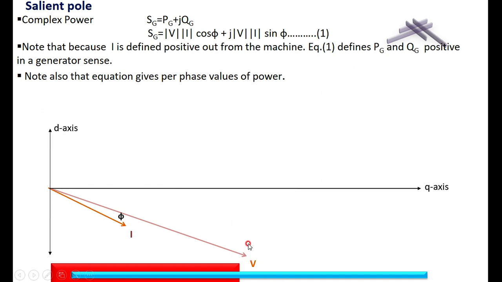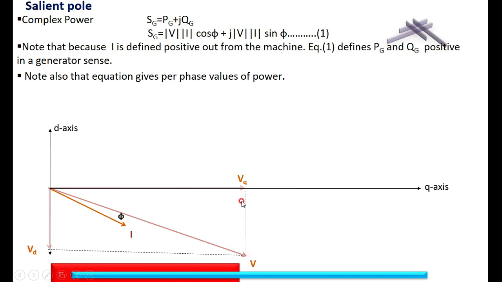To the value of V, you add two reactance drops: one is the drop due to the direct axis reactance, the other is the drop due to the quadrature axis reactance. If you add these two drops to the terminal voltage V, you get E. Then I resolve I and V along the D and Q axes. Here is the quadrature axis voltage VQ, and here the direct axis voltage VD.